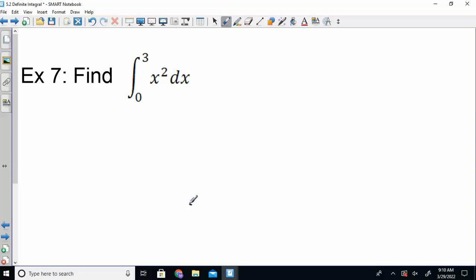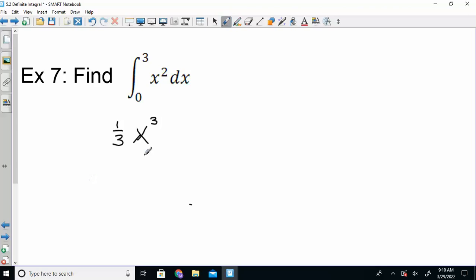We calculated it as n goes to infinity. So what we have to do here is the antiderivative of x squared. So what do you do for an antiderivative? Add 1 to your exponent, and then we have to put a 1/3 in front.